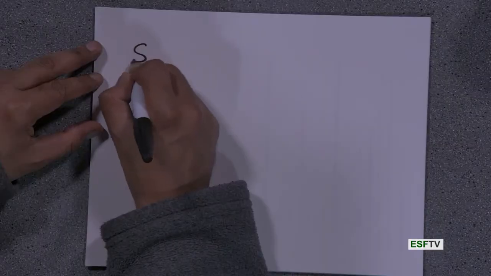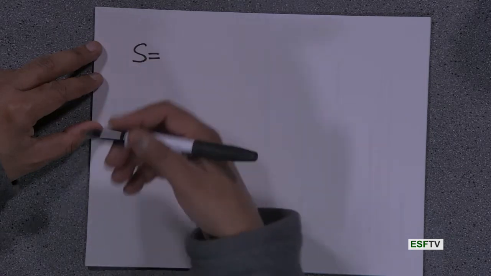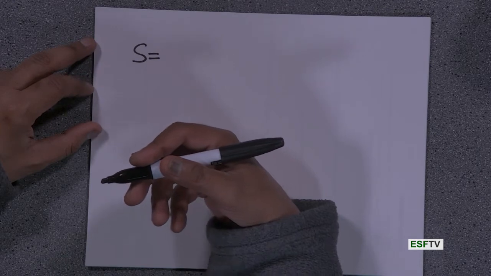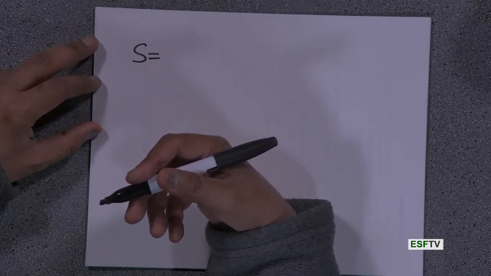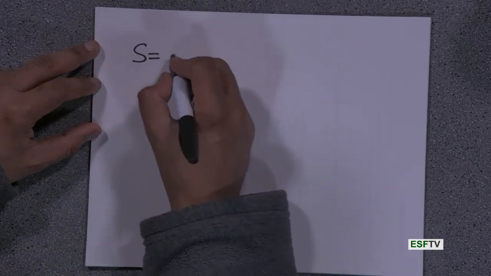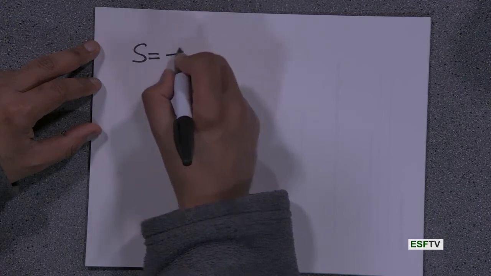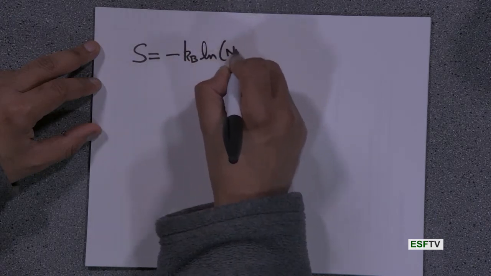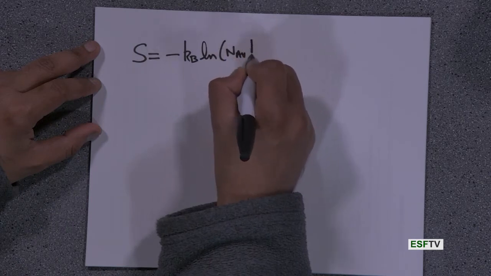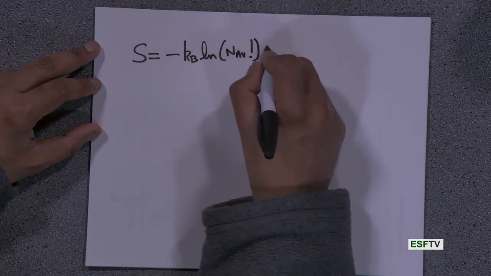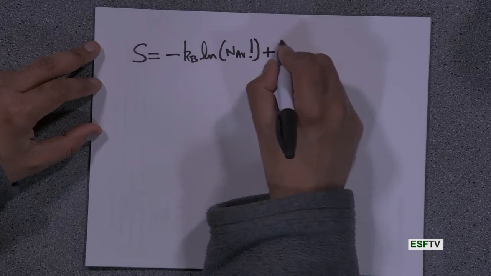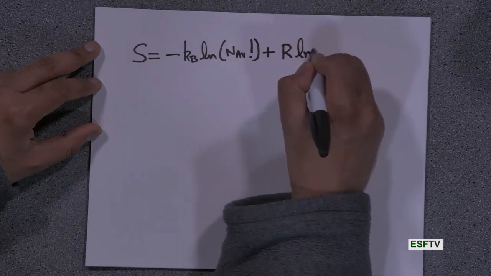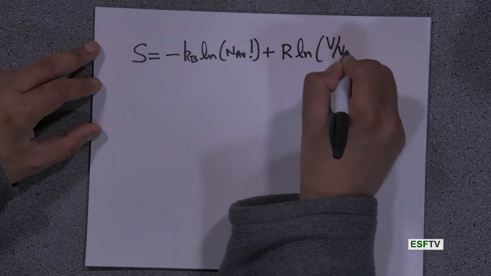So the entropy, due to the configurations, due to the number of ways, the disorder associated with the number of ways we can arrange the atoms, becomes minus kB logarithm of N Avogadro factorial plus the gas constant R multiplying the logarithm of V over V0.